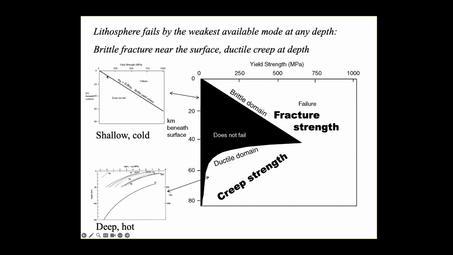And at depth, where it's hot, it's going to be these ductile laws, the constitutive equation, that's going to determine the strength of the rocks. And you end up with something like this. This would be the strength of a typical rock as a function of depth. Stronger and stronger down to about 40 kilometers, then gets really, really weak fast.